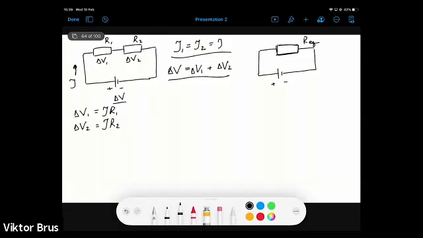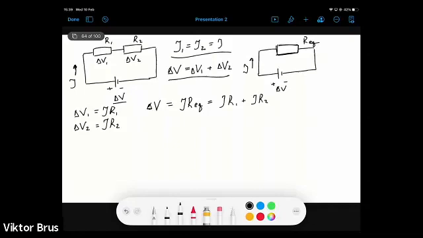So now we can write that the total potential drop, which is the same in both electric circuits, in the electric circuit at the right side will be equal to electric current I times R equivalent. And from the electric circuit on the left, it will be I times R1 plus I times R2.